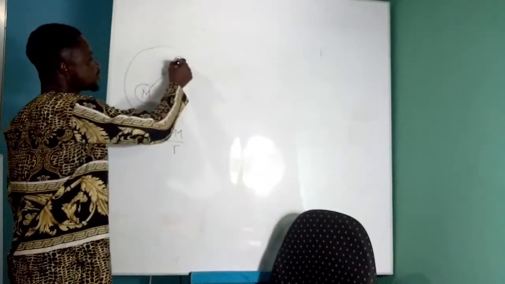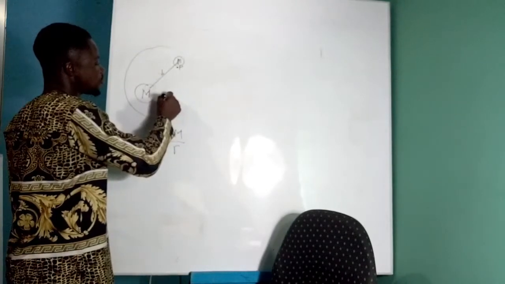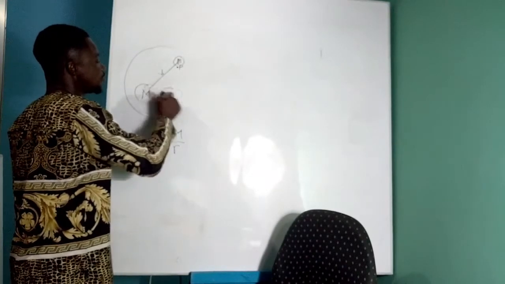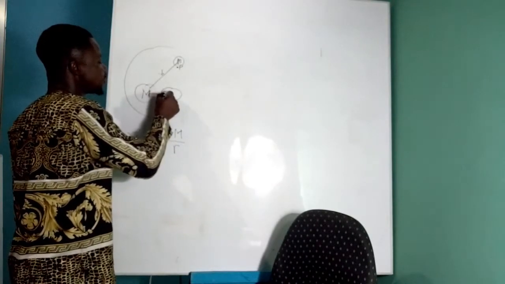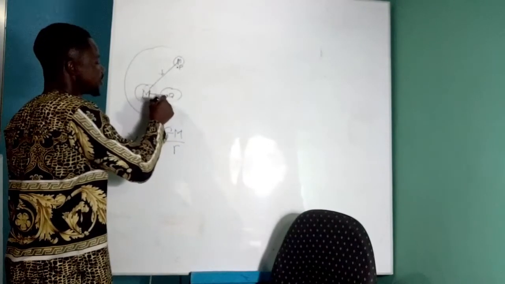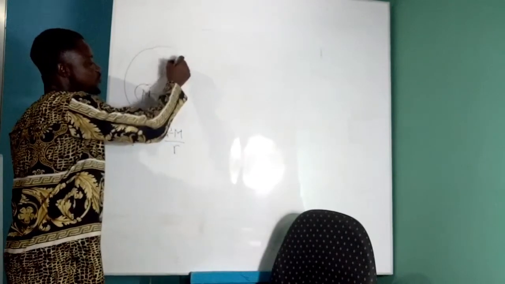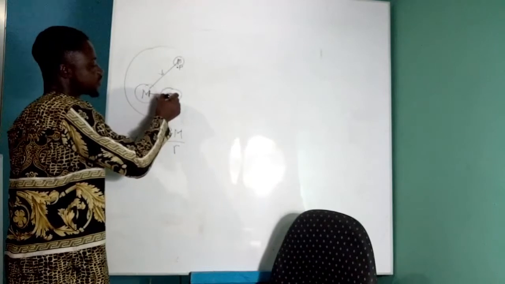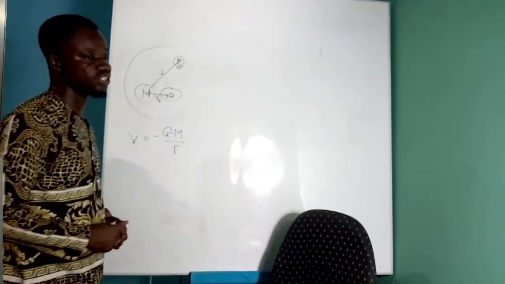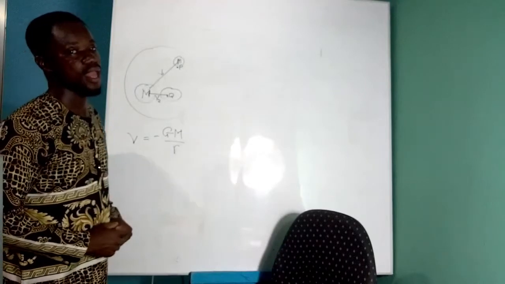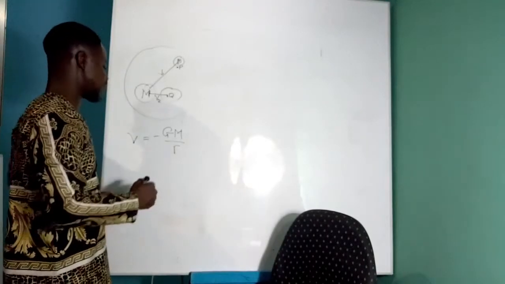Now we want to move this mass from this point P to another point Q. The work done per unit mass in moving this mass from a point of low potential to a point of high potential in a gravitational field is what we call gravitational potential difference.